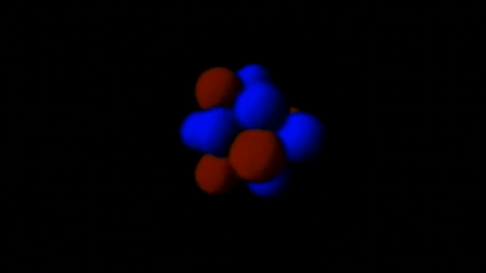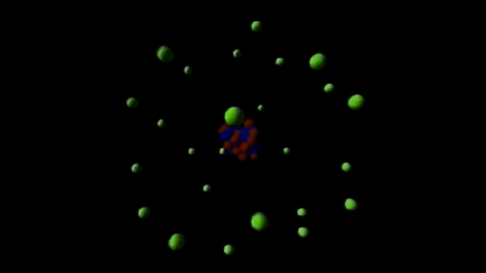A hydrogen atom has just one proton and one electron. An oxygen atom has 8 protons and 8 electrons. An iron atom has 26 protons and 26 electrons, but this is not enough to explain the behaviour and properties of most substances.